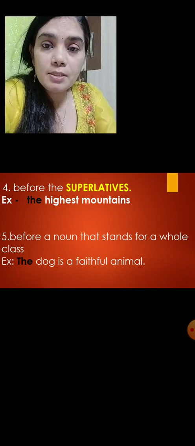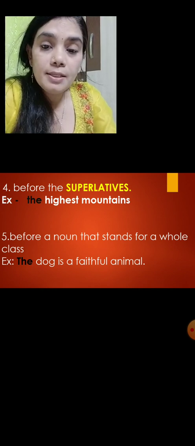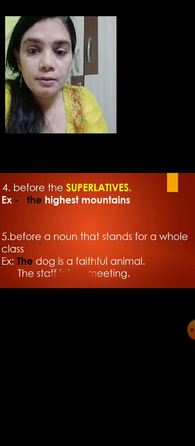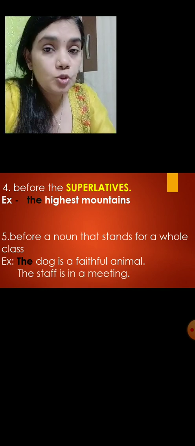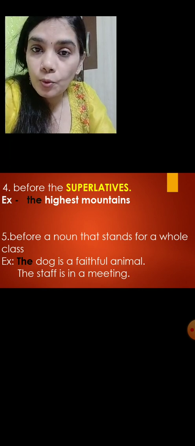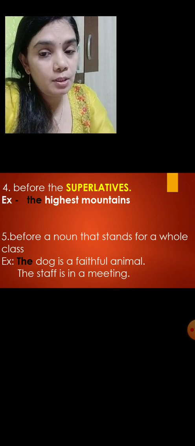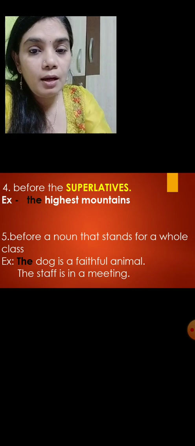So, when the sentence is for the whole group or the whole class, we use the. Next, the staff is in a meeting. Here the word staff means the whole group of people, so we should use the article the. The staff is in a meeting.